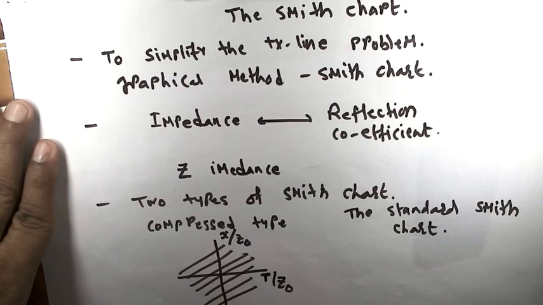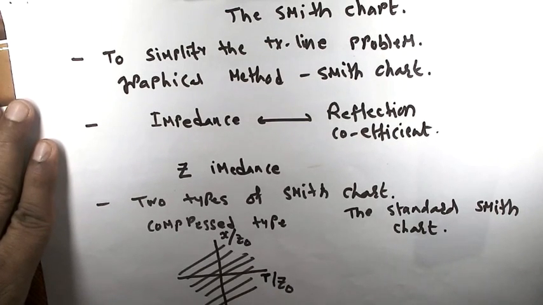Generally this type of Smith chart is not widely used, though it contains both the positive and active circuits.